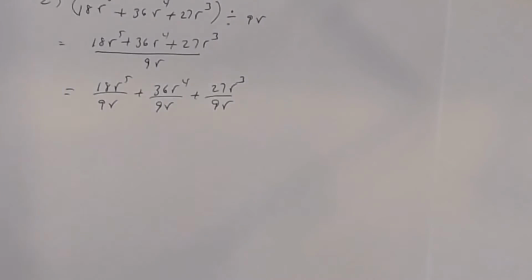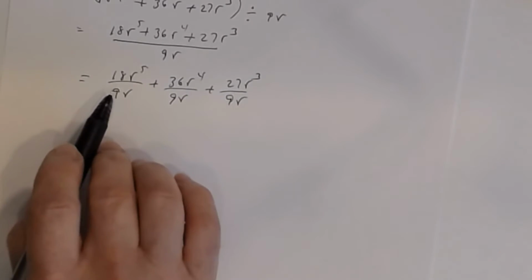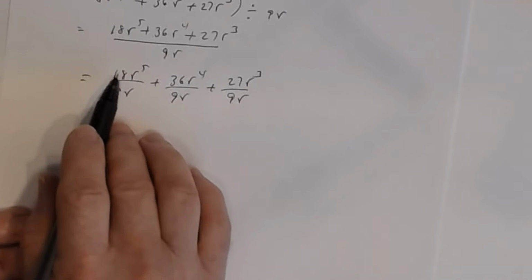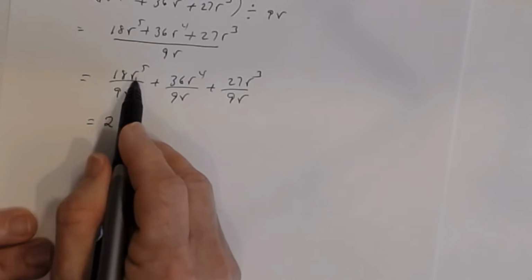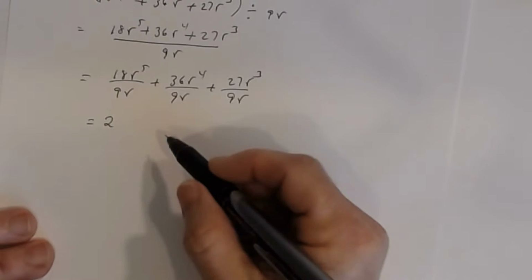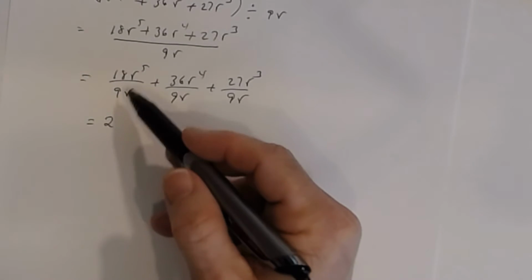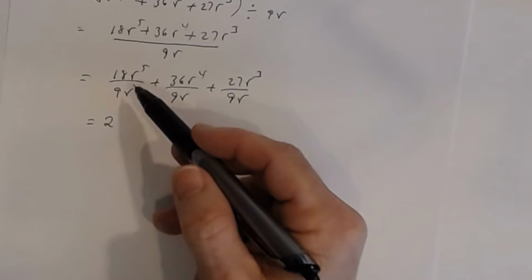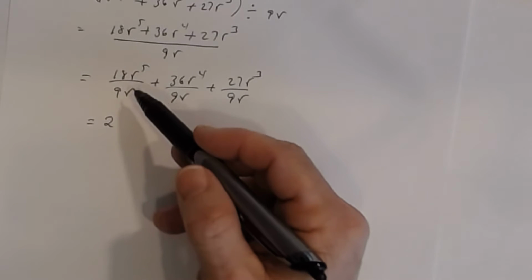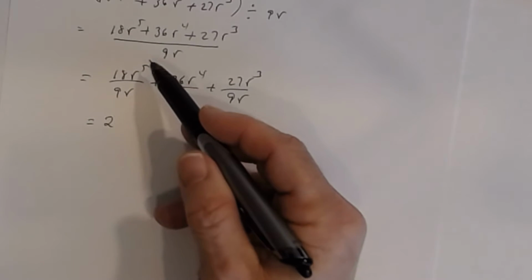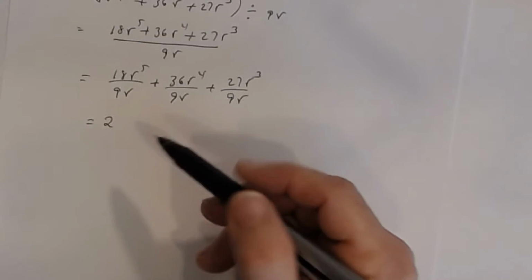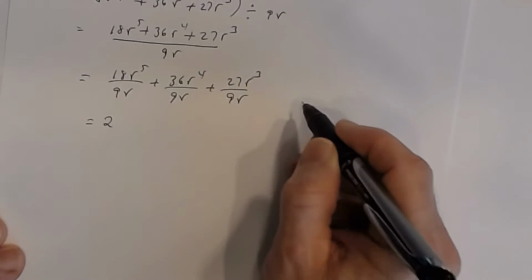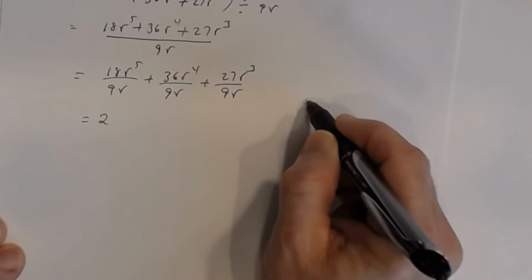And then we just use all of these ideas that we talked about, the different points of view. If you look at the first fraction, 18 divided by 9 is 2. R to the 5th divided by r, you could think of this mentally right away. You have five factors of r divided by 1, so you're going to have 4 left. But let's look at this in the points of view that we talked about.